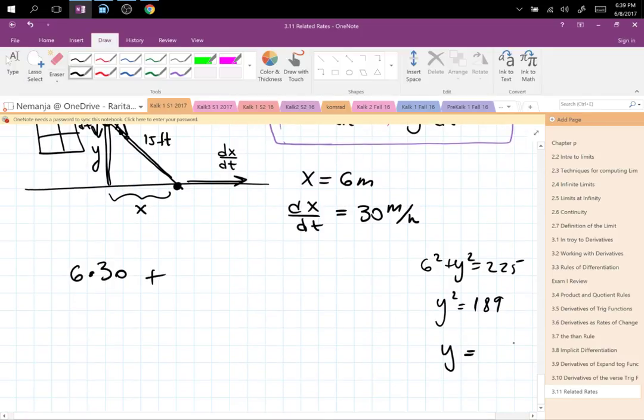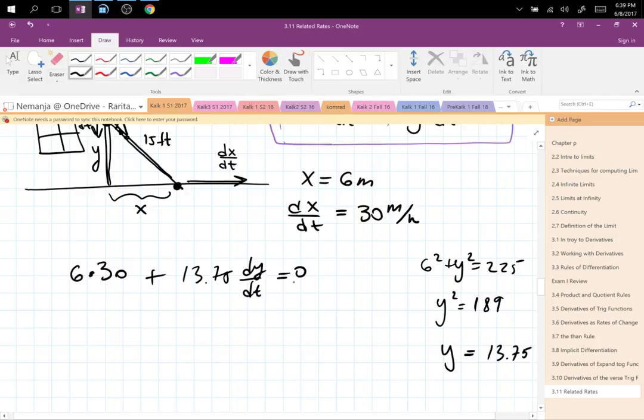Give me the two decimal places. 13.7. What's the digit after? So it's 75? Okay. So now you know that this is 13.75, so you will have 13.75 dy dt.